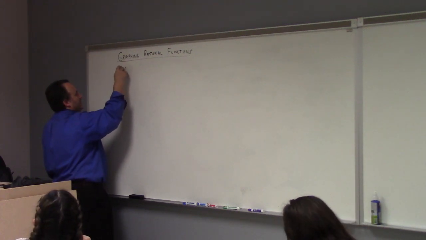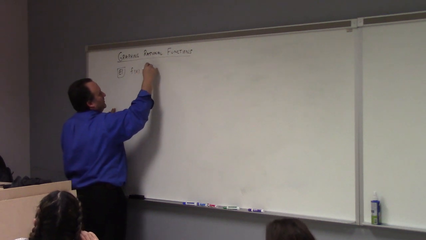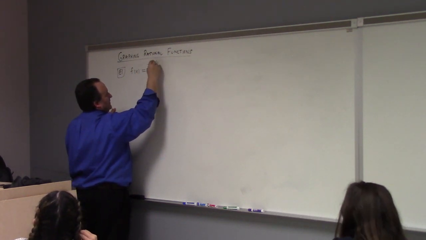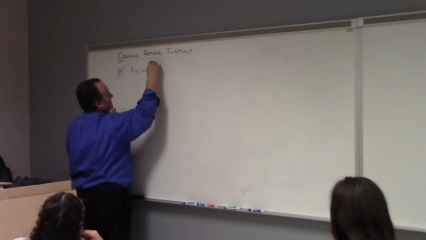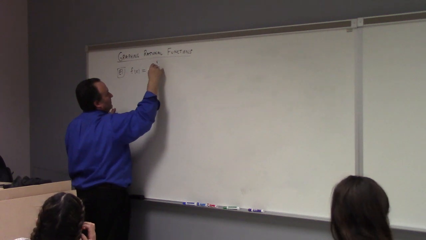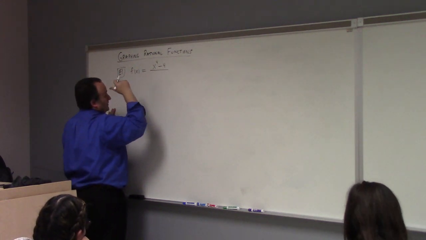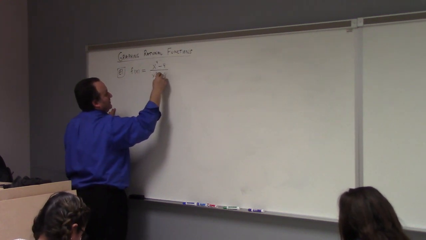Let us suppose we have f of x is equal to x to the 4th minus 4 divided by x squared minus 2.